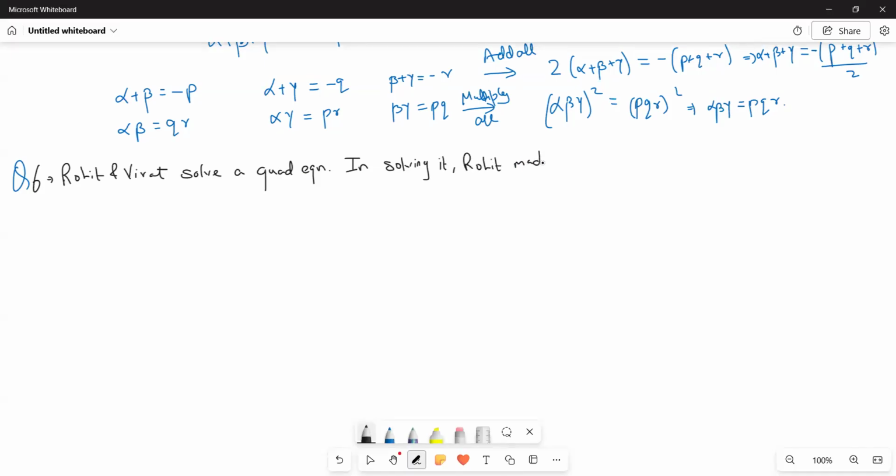In solving it, Rohit made a mistake in the coefficient of x, in the constant term actually, in the constant term, and got the roots as 5 and 2.